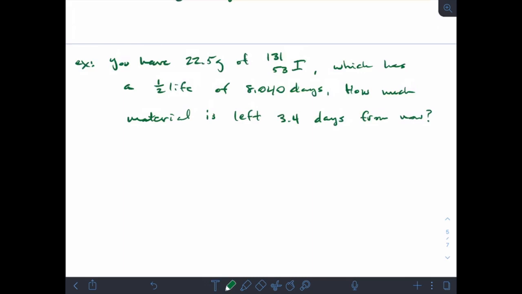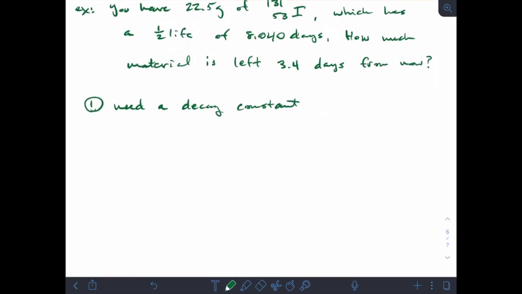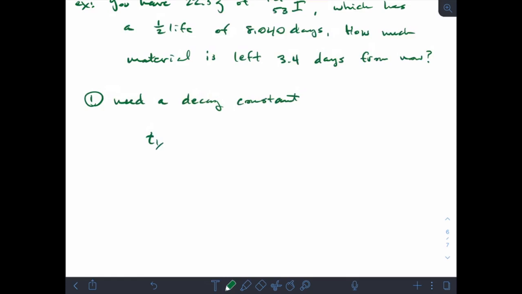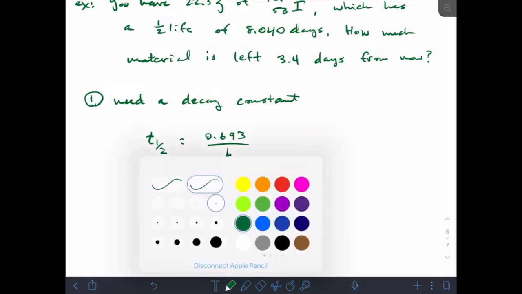First thing, step one, we need a decay constant. So let's take a look at our half-life equation. T1/2 equals 0.693 over k, right? So we need that k value. This is what we're after.